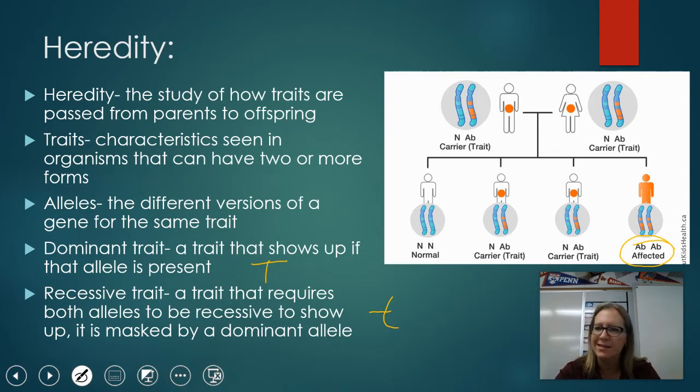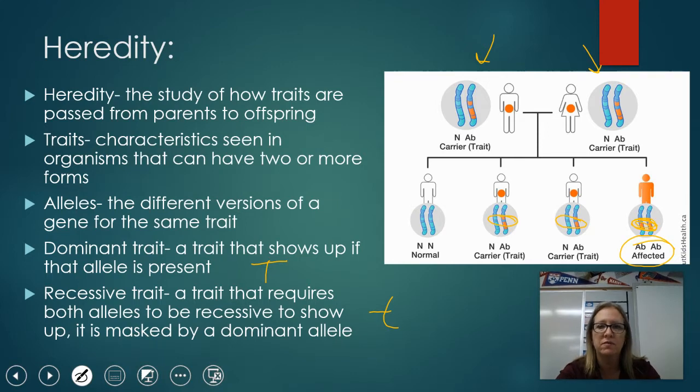And it doesn't matter what it is, don't worry about those letters. The AB does not represent the alleles here, but you see it on both of the chromosomes, okay? When it's only on one of them, they're considered a carrier, but they don't actually have the traits, okay? The parents both had to be carriers in order to pass that down to the offspring.